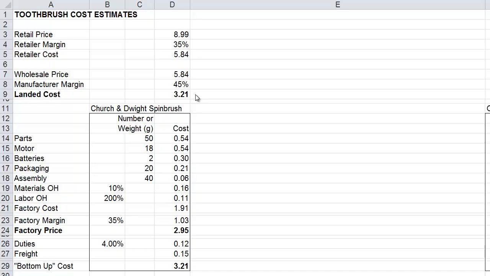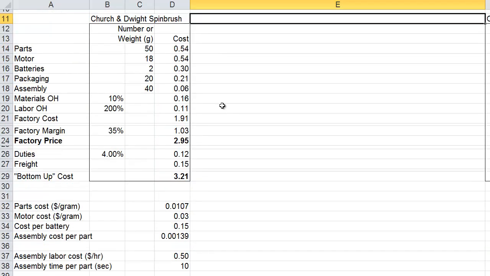So now what I want to do is turn to a bottom-up analysis and see if we can get a set of numbers that is consistent with that $3.21 target for the landed cost. As when I talked about target costing, we've assumed a duty of 4%, we've assumed freight of 15%, which leads to the implication of a factory price of $2.95.